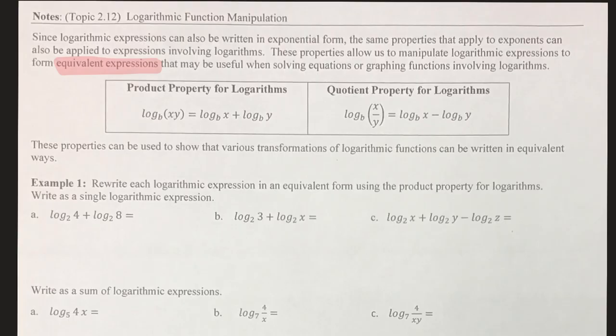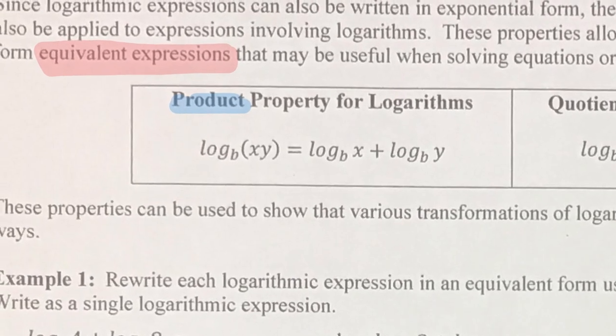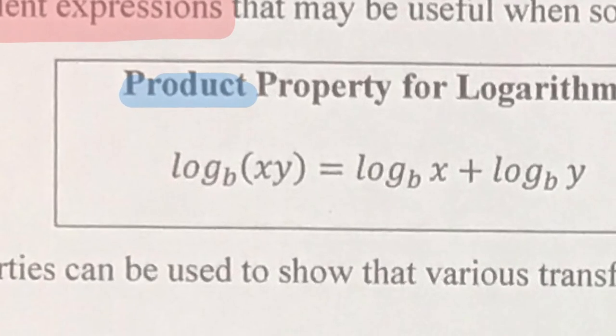So we have two properties to begin with. Our product property, meaning we start with the log of a product, where two or more things are being multiplied together. If we have the log of a product, we can write an equivalent expression by adding two logs together.